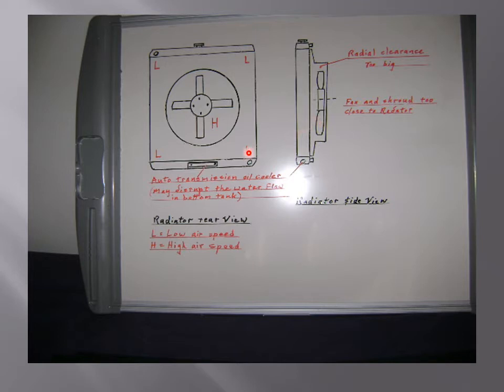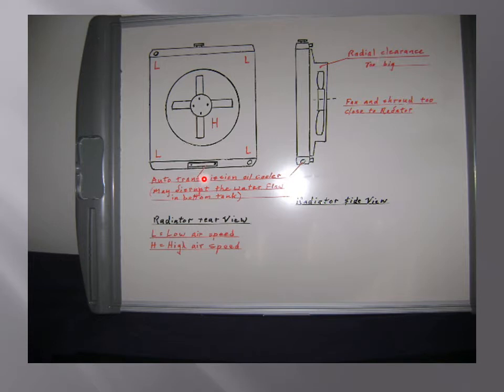This results in low flow rates at the corners here, marked by L, and to a high flow rate behind the fan, which really means that the radiator core is very ineffectively utilized. If we look further at this sketch, we'll see that the radial clearance between the fan and the shroud is too big here, which may result in air actually going in here rather than coming out.